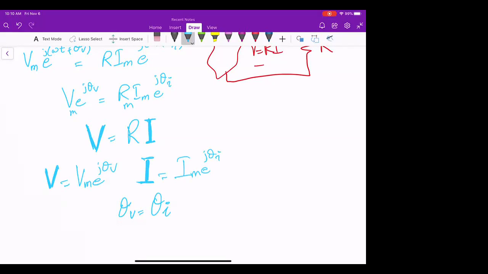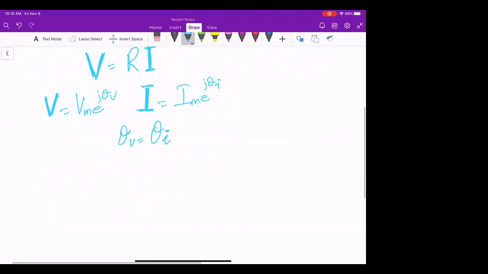So when we are expressing it in this form, we can draw its phasor like this. This is a real part, this is an imaginary part. We don't know what theta is, but if it is some theta here, that will be theta V is equal to theta I, where your V and I have the same angle.